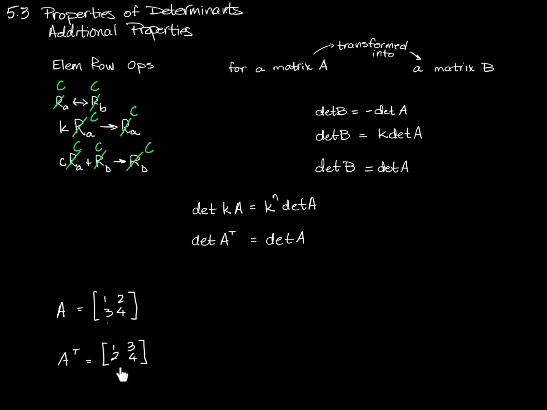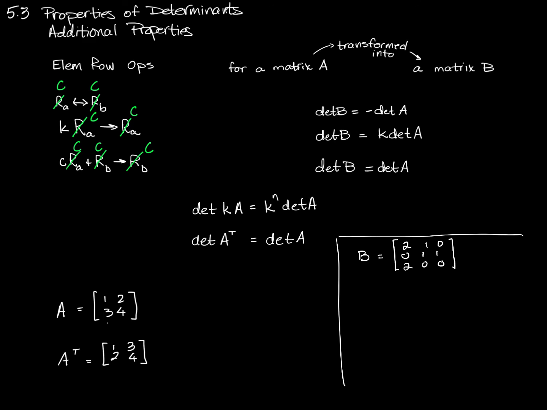But the thing is, any matrix can be written as a transpose. Any square matrix can be written as a transpose of any other matrix. So that means that I can apply those column operations regardless whether I've taken the transpose of a matrix first or not. So very quickly, by way of example, if I have a matrix B equals, let's say, 2, 1, 0, 0, 1, 1, and 2, 0, 0, then that is a transpose matrix.